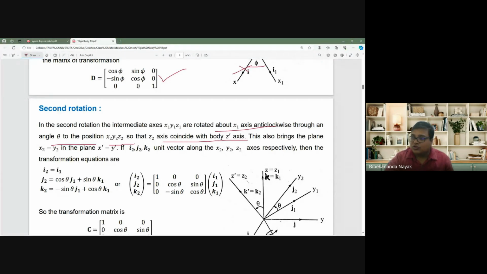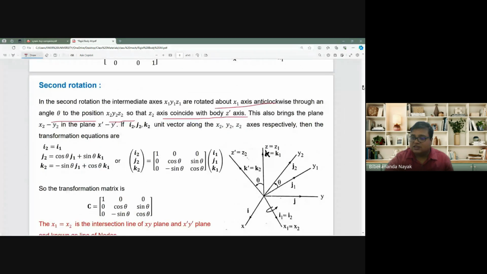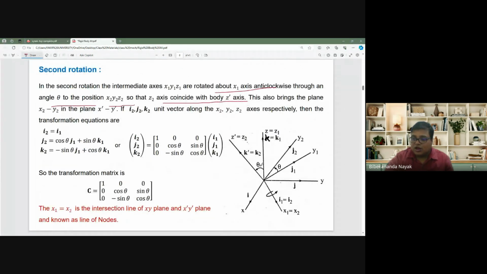So we rotate by theta so that this z2 will be z prime. The x axis will remain constant; only these change by theta, so that this will be your z prime body z axis.